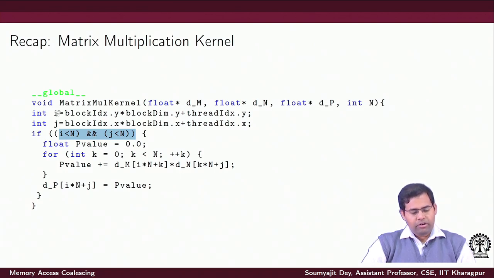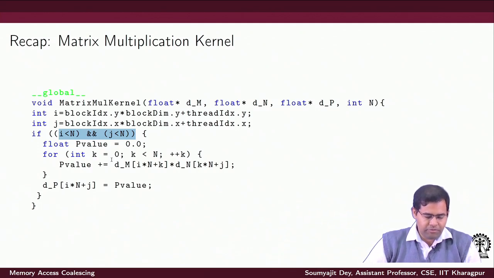By the way, we figure out the row and column positions using the blockIdx.x and threadIdx.x, blockIdx.y and threadIdx.y variable values. So each thread, for its unique combination of block IDs and thread IDs, finds a unique i and j. Then it checks whether i and j are inside the memory range of the matrix, and then each thread gets inside this for loop.